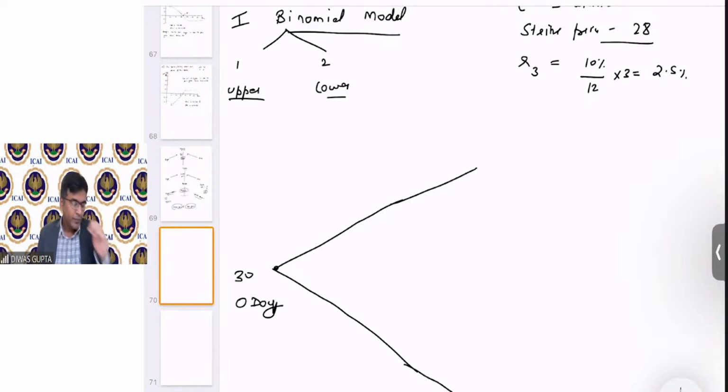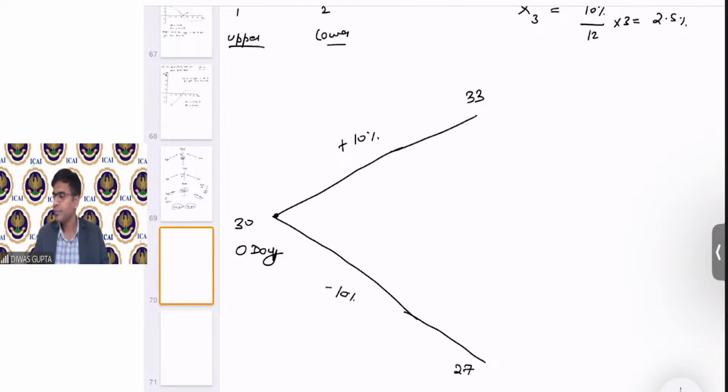So the probability of price going up and down is what we have to calculate. However, it also tells you the range. So the maximum range it can go up to is 10% of the current price. And the minimum range it can go down will again be 10% of the current price. So it is 33 and 27.